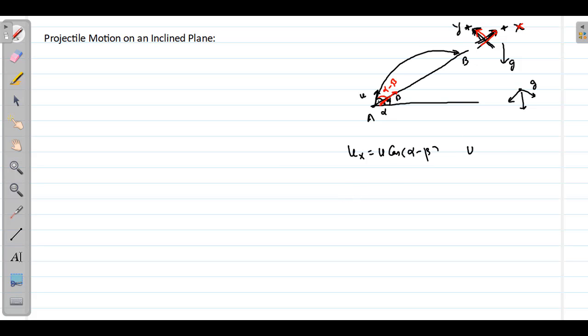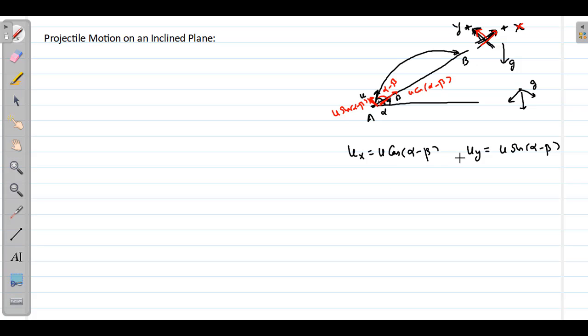And uy is the velocity along the y-axis, perpendicular to the inclined plane, and it will be u sin(alpha minus beta). Because it is upward, it will be taken positive. So these are our x and y components of the initial velocity.